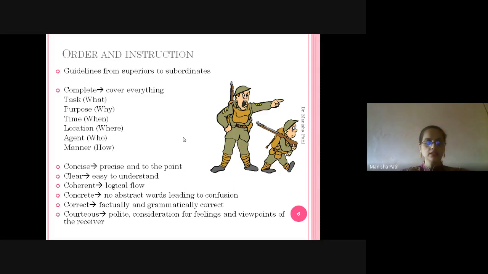And the last one, courteous. It means being polite. There should be consideration for feelings and viewpoints of the receiver. So when I'm telling you to join Google Classroom, what do I say? Please join Google Classroom. Now the word please over here makes it polite.